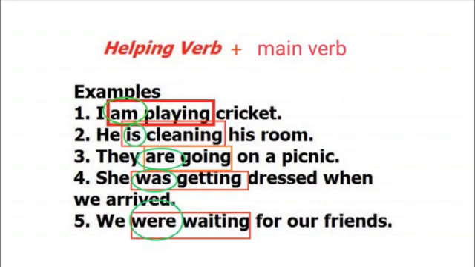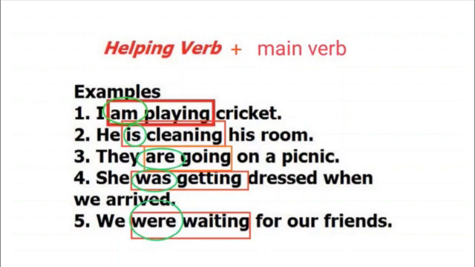Number 2. He is cleaning his room. Which one is an action? Cleaning. Which one is a helping verb? Is. Okay? Number 3. They are going on a picnic. Here, going is an action and are is a helping verb. Number 4. She was getting dressed when we arrived. Getting is an action. Was is a helping verb. Number 5.